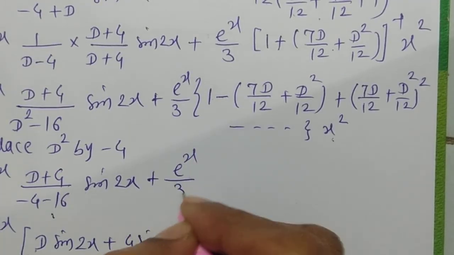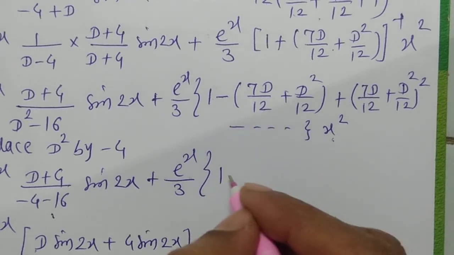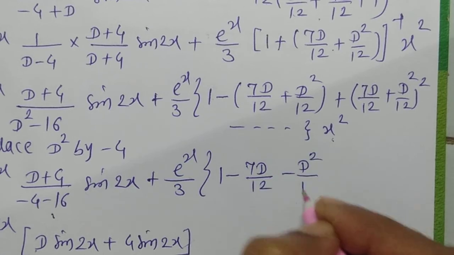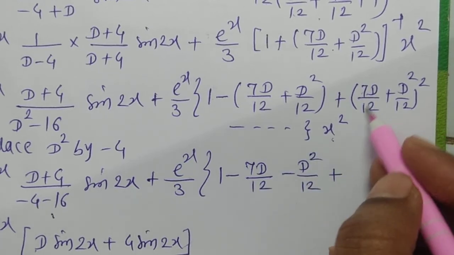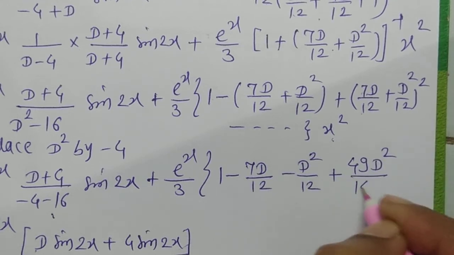So this is e raised to x by 3. This 1 as it is. Multiply the bracket by minus. So it is minus 7D by 12 minus D square by 12 plus. Now write the square of this 7D by 12. So it is 49 D square by 144.